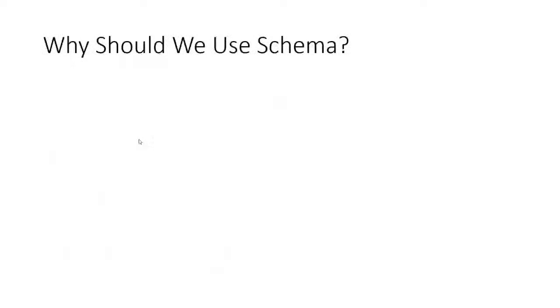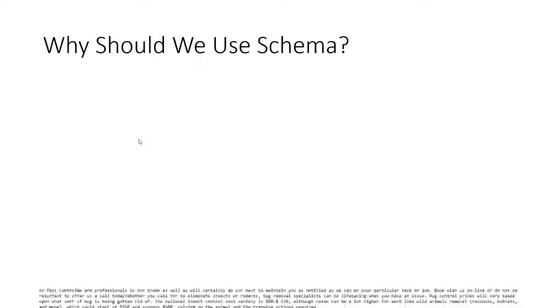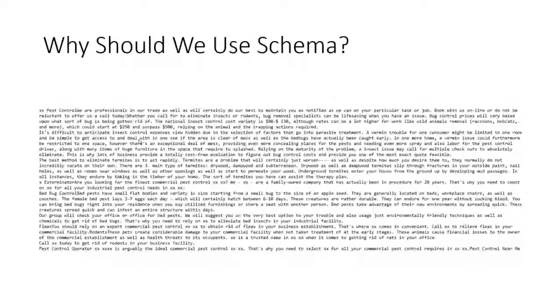So why should we use schema? When you and I are looking at a page on the web, we normally can detect what the page is about. But if we get a text like what's shown on the screen now, we see that it's difficult for us to read. But if we add paragraphs, headings, etc., then we have a possibility of reasonably easily detecting what this text is about.